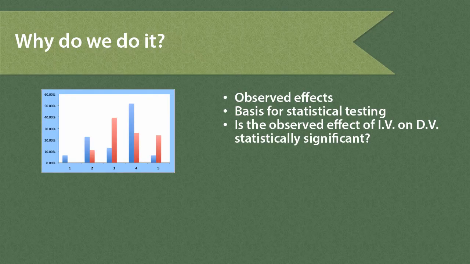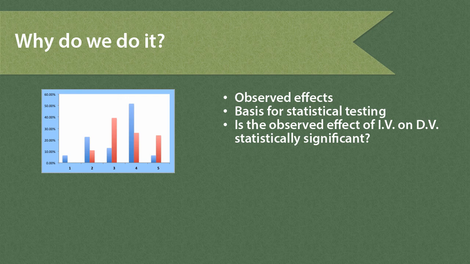So why do we use the cross-tabulation? We're working again with one sample of data. So descriptively, we can show or describe the observed effects of one variable on another. We don't know if the relationship that we observe in the sample data is statistically significant.